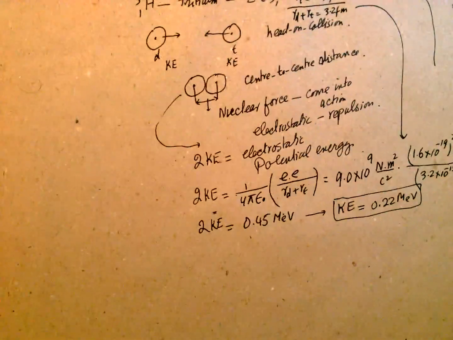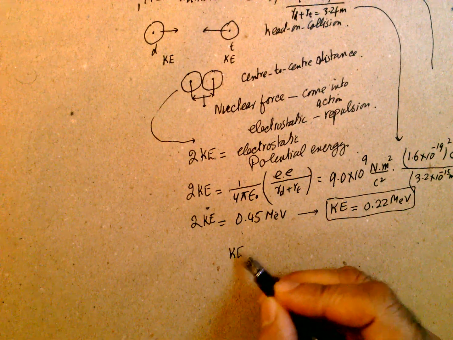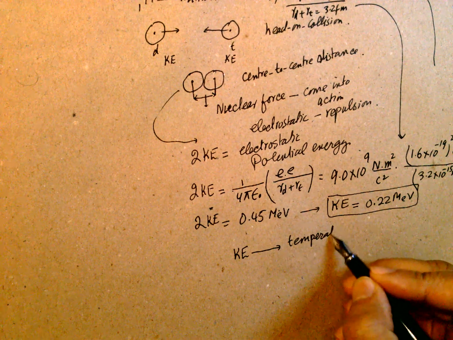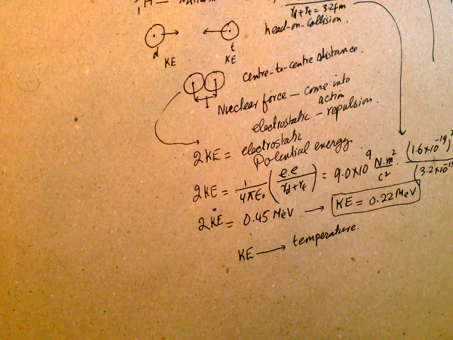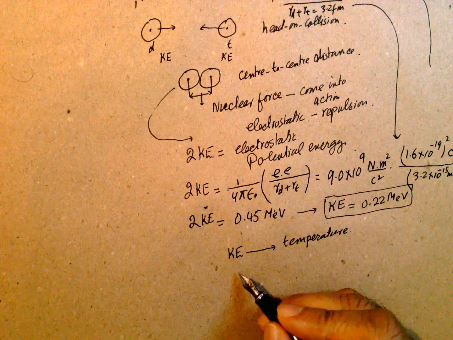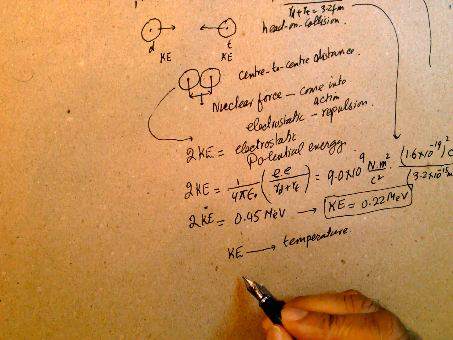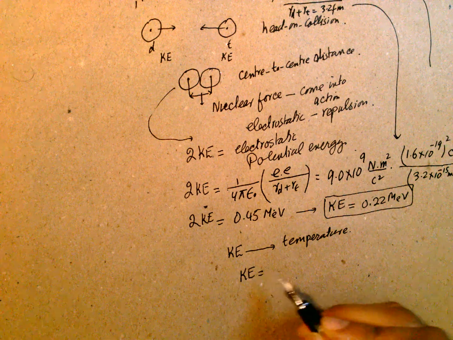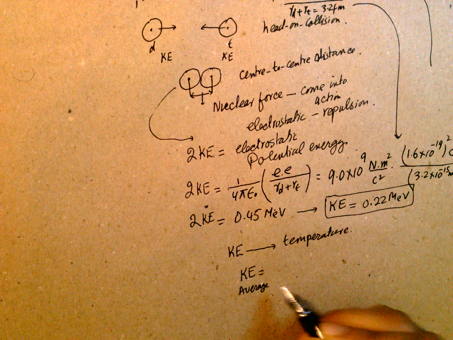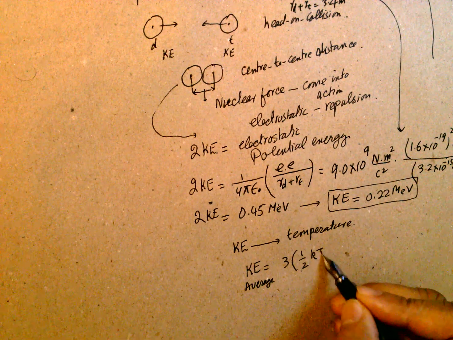So that is the one condition. And from here, kinetic energy to temperature, we will use the kinetic theory of gases. So the kinetic energy, the average kinetic energy, is equal to 3 into 1 over 2 kT.